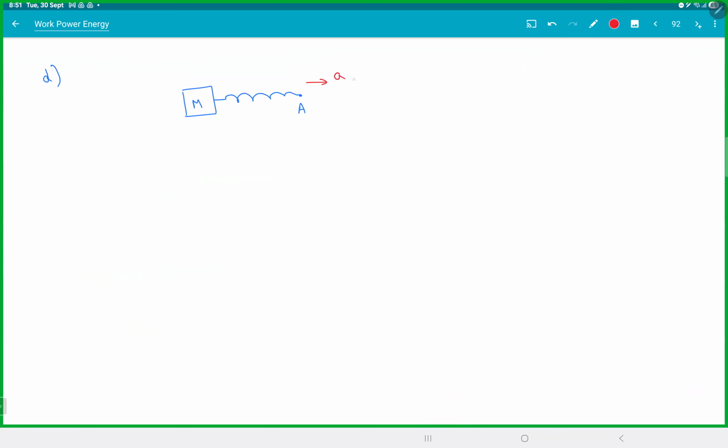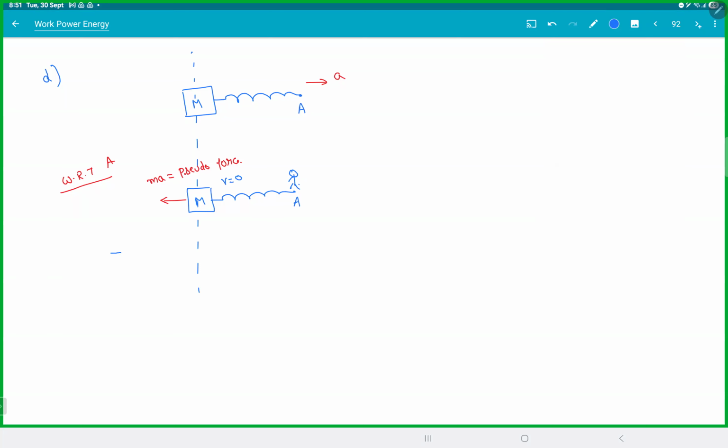This is going with acceleration A. With respect to A, if you go and stand, the observer will stand at A, so there will be a pseudo force, which is M into A. Then what will happen? And remember, initially your velocity is 0. This was your natural length.